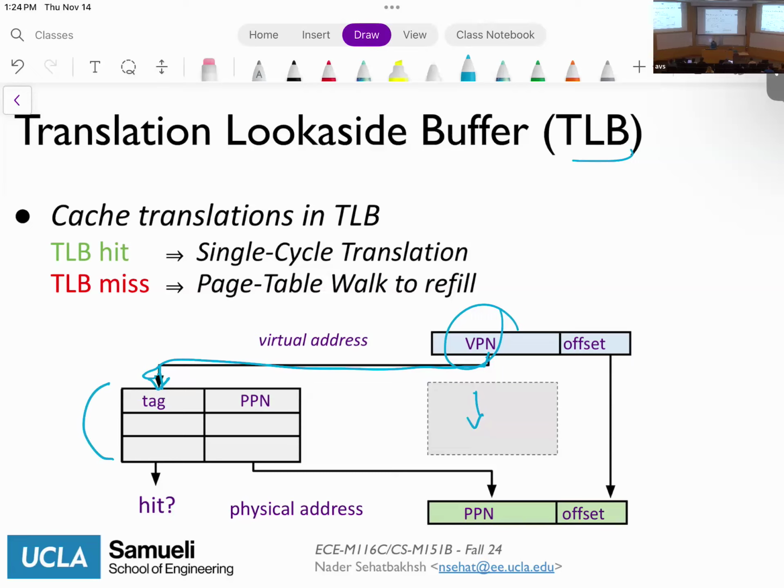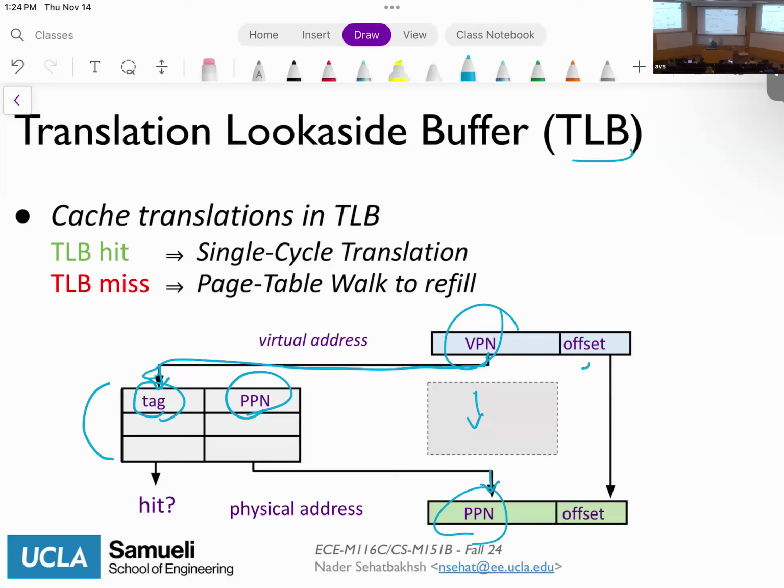You search through your fully associative cache and see if your tag matches the VPN, and the result is the PPN. So in cache language, what you store in your tag store is the VPN, and what you store in the data store is the PPN. Once you get that number, that's your PPN. That's all you need to do.